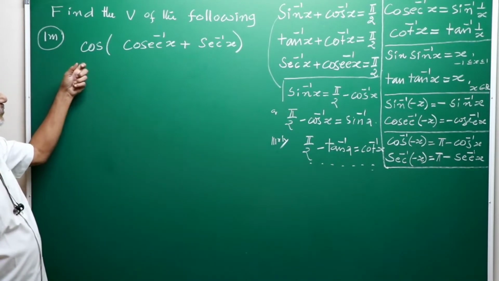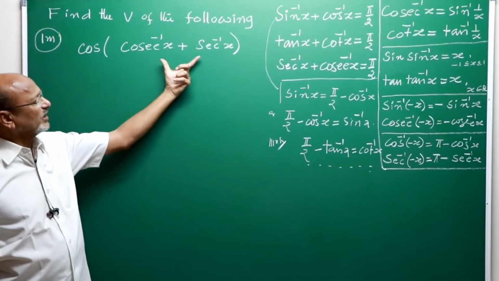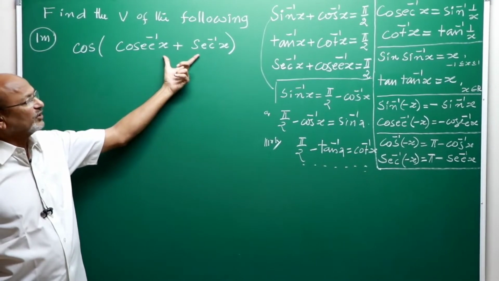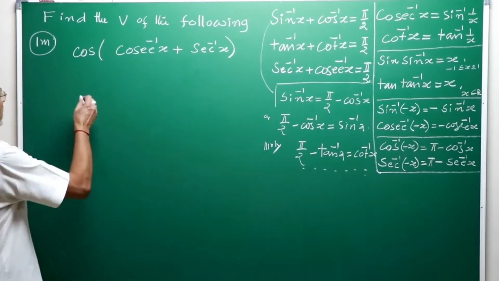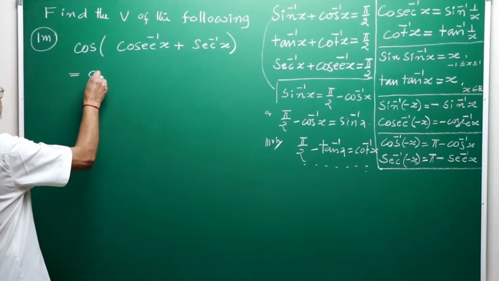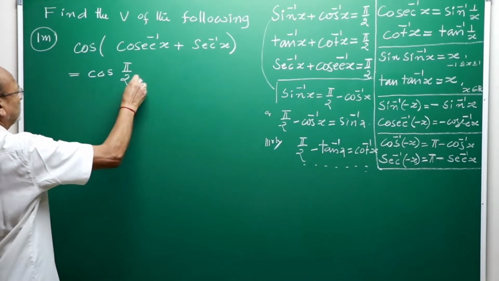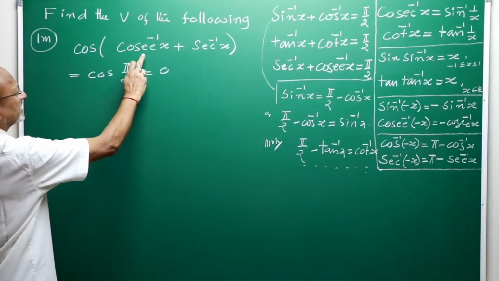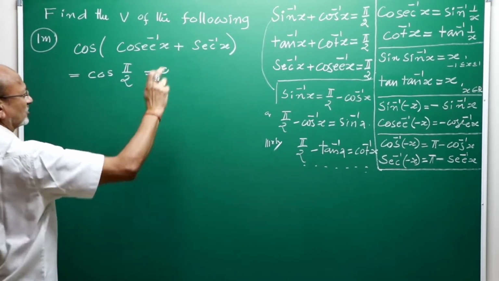Through this example, what did the examiner want? The examiner just wanted to test whether the students know this value or not. If you know this value as pi by 2, then it becomes what? Cos pi by 2. My friends, what is this? It is cos of, this value is pi by 2. What is cos 90? 0. Just a 1 mark question. Through this, the examiner wanted to see whether the students know this property or not.